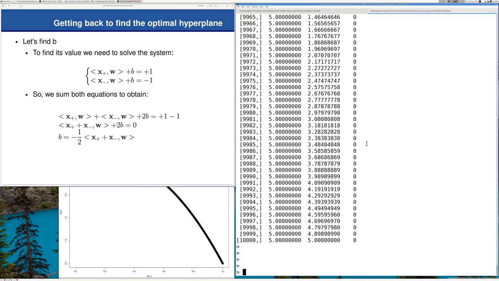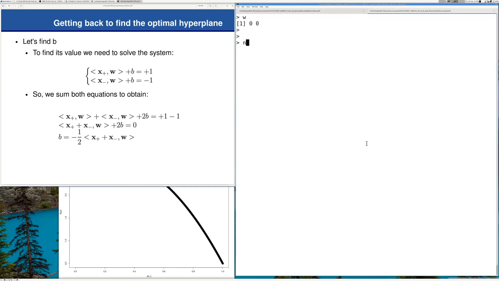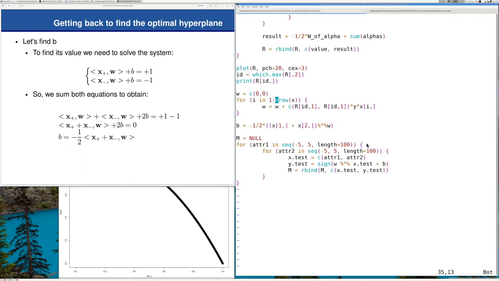First of all, let's see my W. Oh, W is 0, 0. Why 0, 0? What is happening here? Is it running here? Let's see the number of rows of my matrix X, 2, okay?